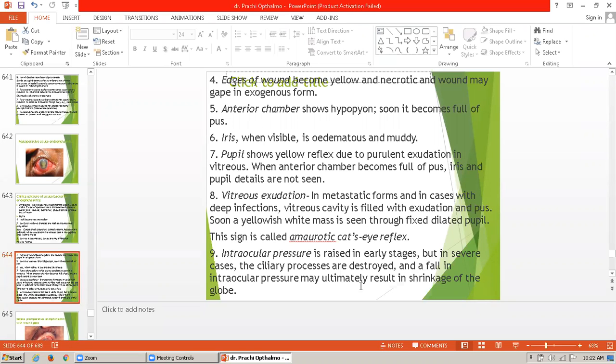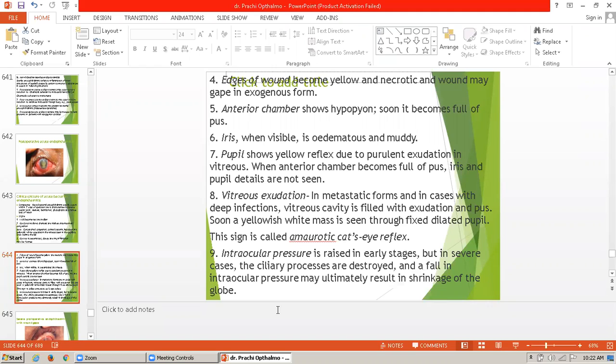So this sign is called the amaurotic cat's eye reflex. Next, the intraocular pressure is raised in early stages, but in severe cases the ciliary processes are destroyed, and a fall in intraocular pressure may ultimately result in the shrinkage of the globe.